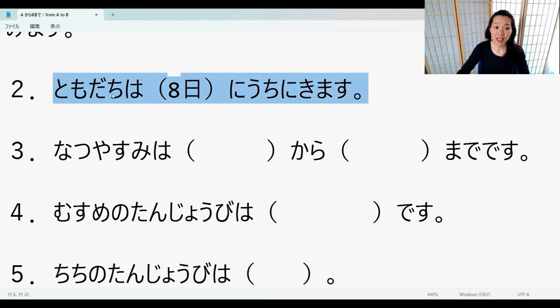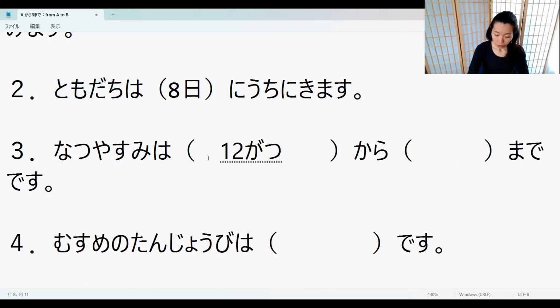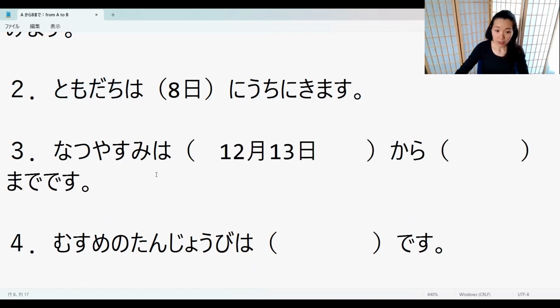8日. Let's practice pronunciation together. Repeat after me. 友達は8日にうちに来ます。Next, 3番ね。夏休みは, so I said 12月13日から. I will use 30 日 from, well, that's the normal Japanese writing system.